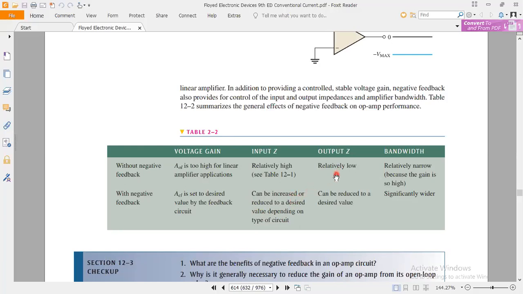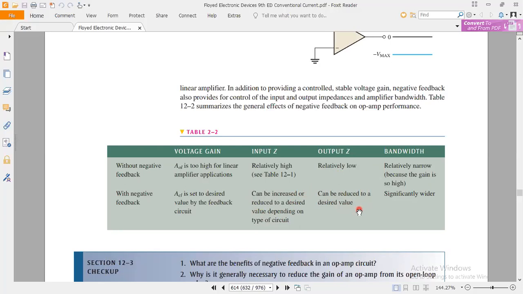Now, the output impedance is relatively low if we are not using negative feedback, and if we install negative feedback in the op amp, the output impedance can be adjusted to the desired value required by the user. It is the controllable operation of an op amp.